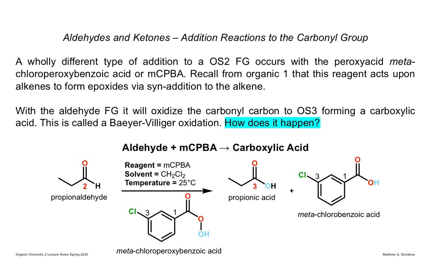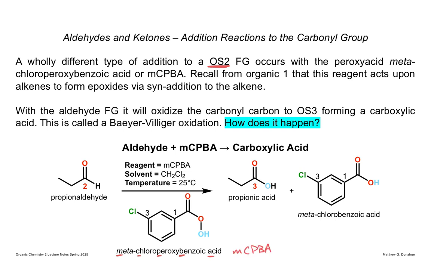So as I said, the second reaction we're going to learn is called the Baeyer-Villiger reaction. So again, we're only dealing with aldehydes and ketones, so oxidation state 2. And we're going to treat that with MCPBA. So meta-chloroperoxybenzoic acid.